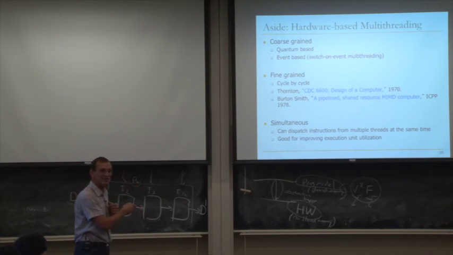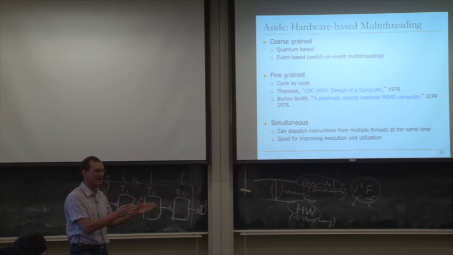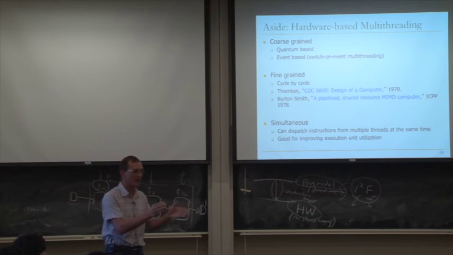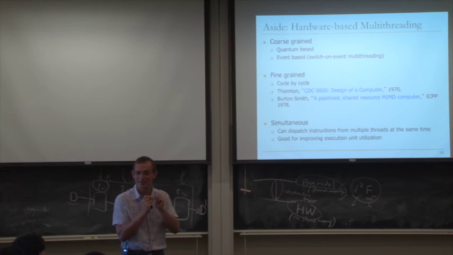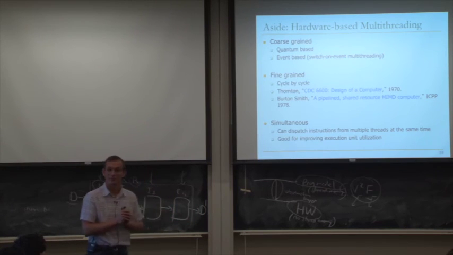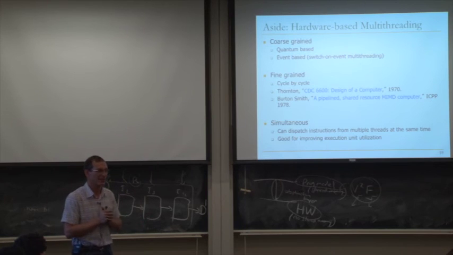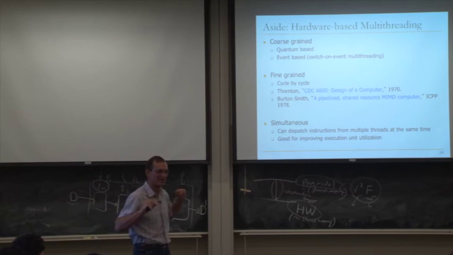One is coarse-grained, so you can have multiple threads that can be switched in or out of the hardware at coarse-grained intervals. Thread A can be running for a while, and after 1,000 cycles, thread B can be executing. And after 1,000 cycles, thread C can be executing. That's what operating systems do, for example, if you have multiple tasks, except the quantums are not 1,000 cycles in that case.